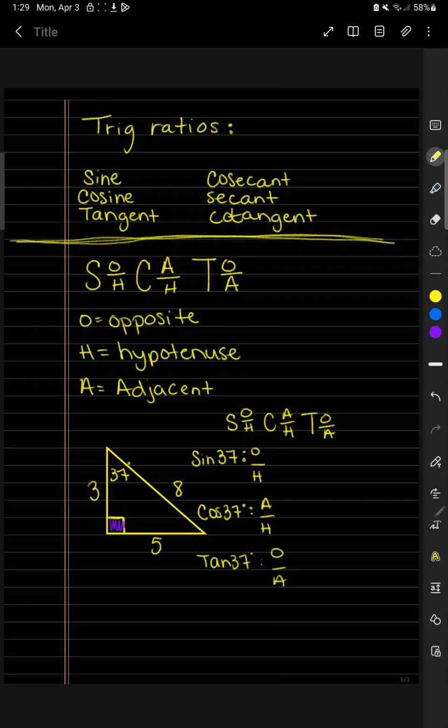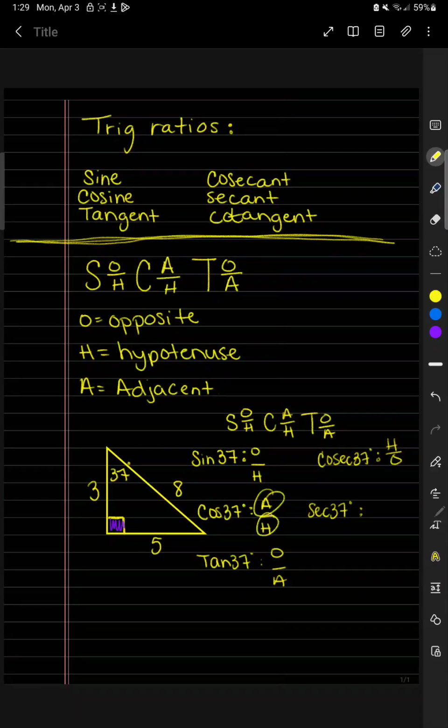And then we have cosecant, cosec. Remember, this is the exact opposite of sine. So of 37, this is going to be H over O, which is again the opposite of this one. And then we have secant of 37.